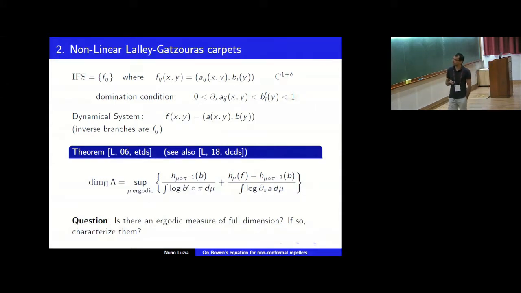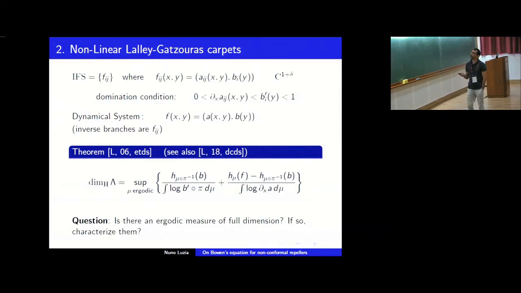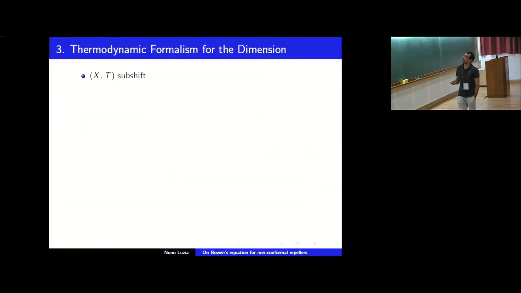So to answer that question and other things in this respect, we introduce a general thermodynamic formalism for dimension, okay? So we consider a subshift, okay, which will represent the whole dynamics in the two dimensions, and a factor map, okay, which will represent the vertical dynamics in the previous examples, okay, which is a mixing subshift of finite type.